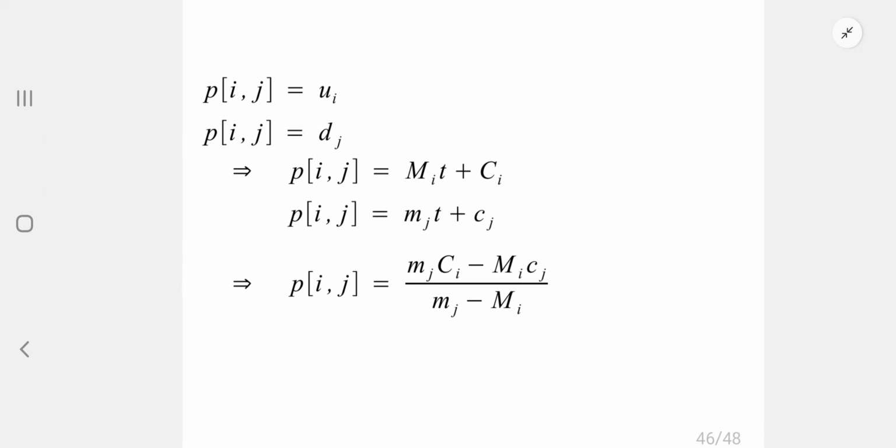P of ij equals Ui and P of ij equals Dj, which implies that P of ij equals big Mi times t plus big Ci, and P of ij equals small mj times t plus small cj, which implies that P of ij equals small mj times big Ci minus big Mi times small cj, all divided by small mj minus big Mi.